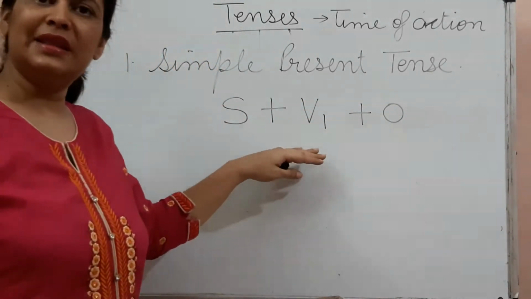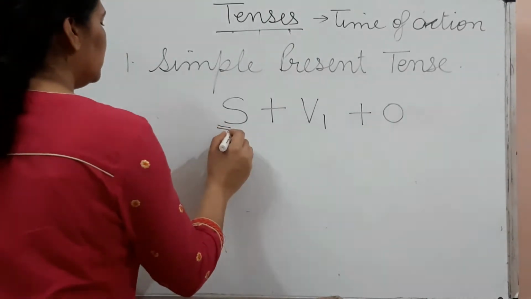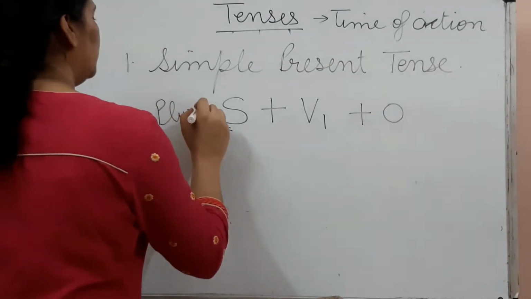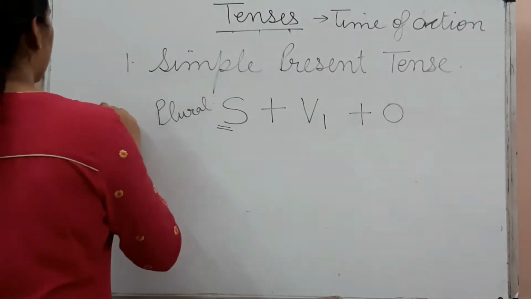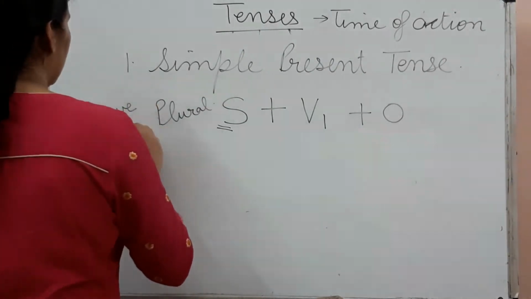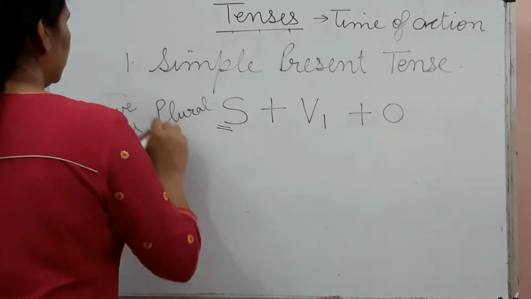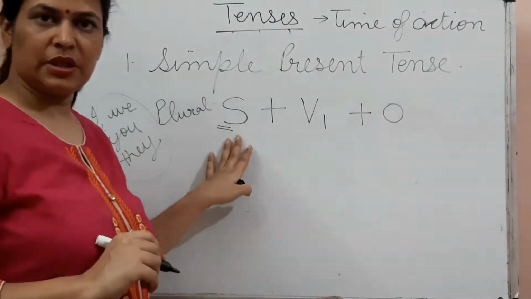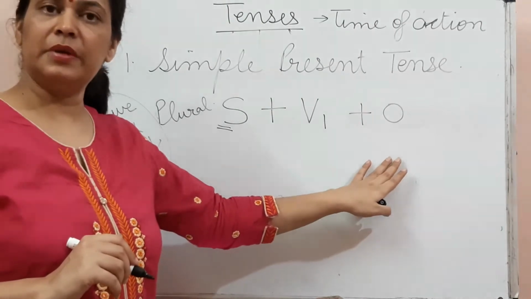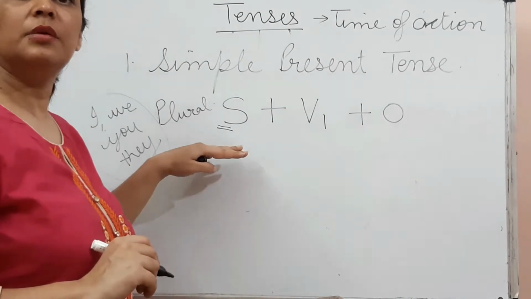If you remember this one, remember that this subject is not singular but it is a plural subject. And what are the plural subjects? It is I, we, you and they. So with them we are going to use the plural subject, and we will have V1 plus object, can be or cannot be. But basically this goes with the plural subject.